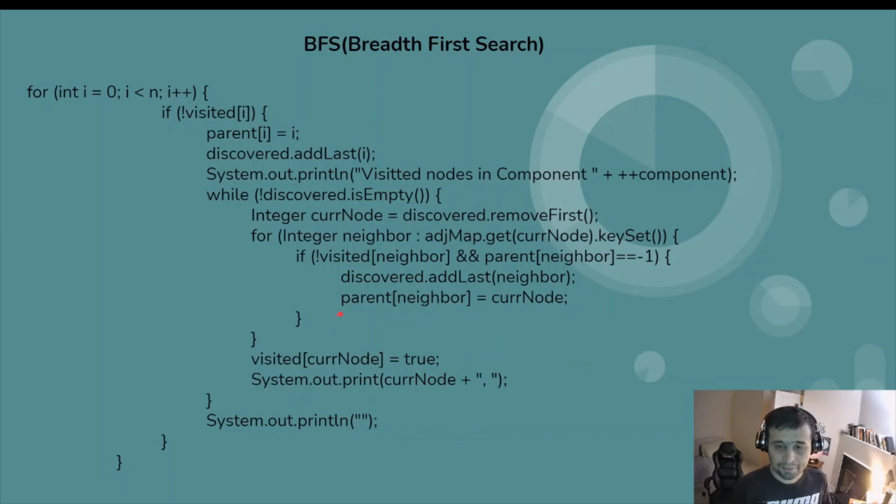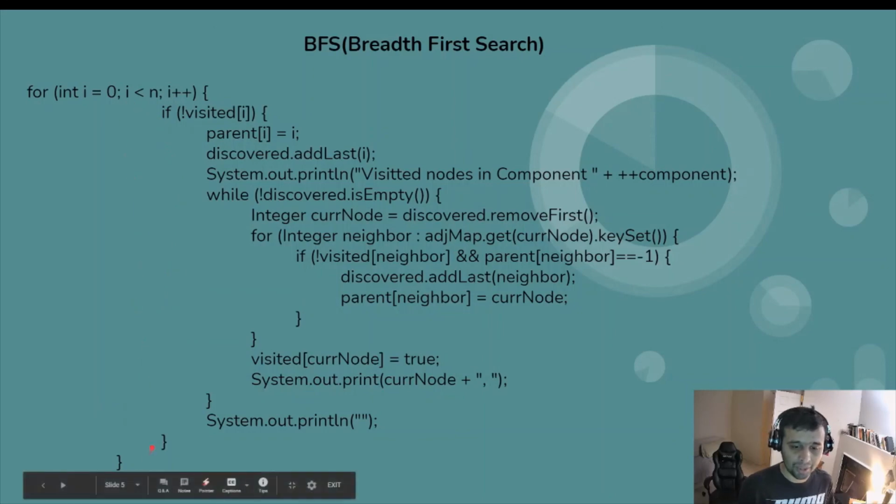As far as the time complexity of this logic is concerned, the time complexity of BFS: if you see this logic, the outer loop will be iterating n times, where n is the number of vertices, as I said.